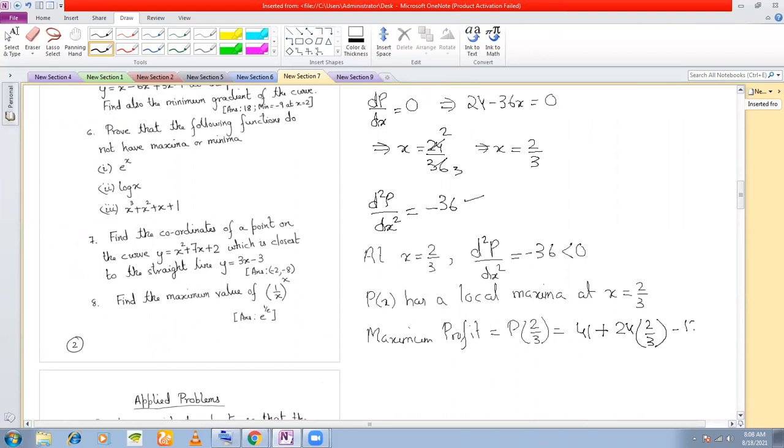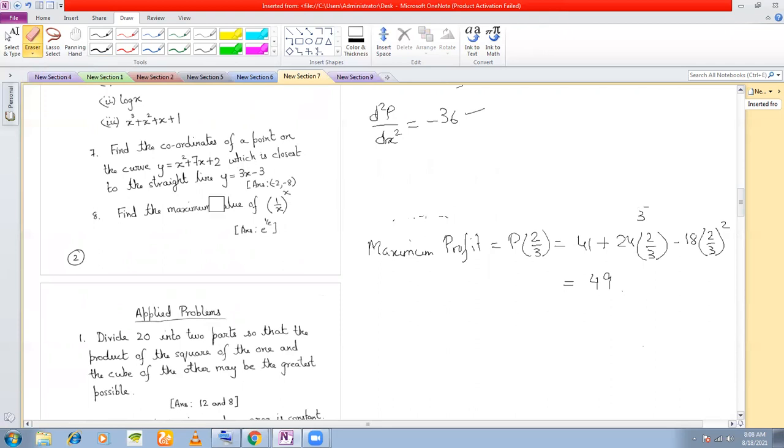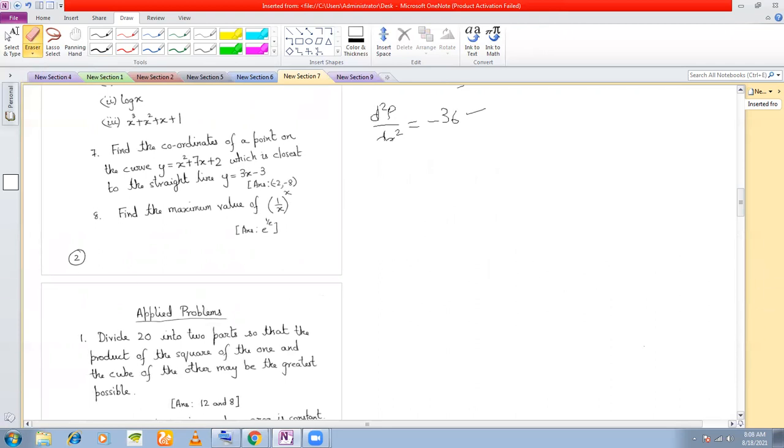You simplify this, take the LCM, and you will get the value of this as 49. Clear? Move on to the next one then. This kind of problem, as I told you, you will come across later on. Please take note of this problem.